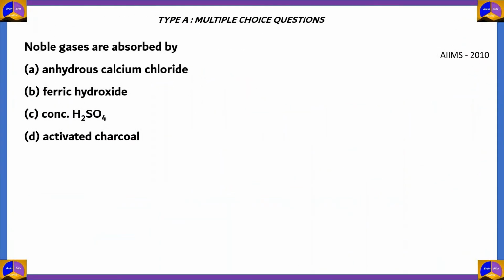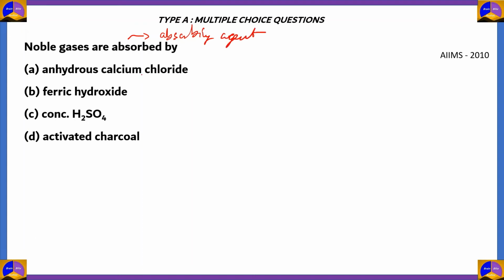Let's look at this question. Noble gases are absorbed by anhydrous calcium chloride, ferric hydroxide, concentrated H2SO4, activated charcoal. Now, when it comes to absorption, usually this is undertaken by an absorbing agent.